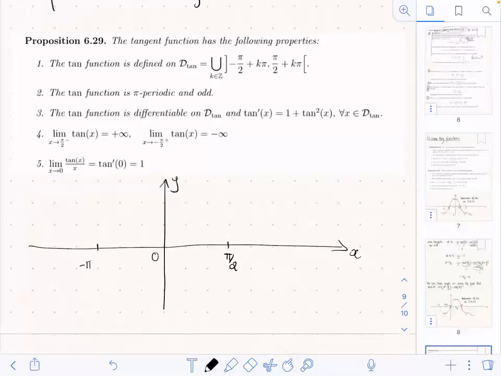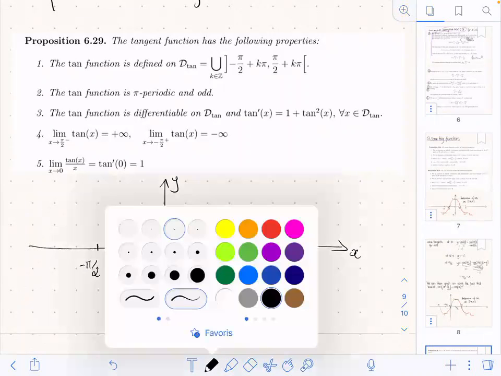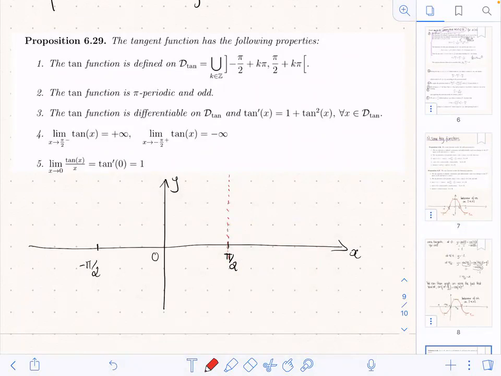The function is going to be defined up until this value excluded, and up until this value excluded. And here it's going to go to plus infinity, here it's going to go to minus infinity.